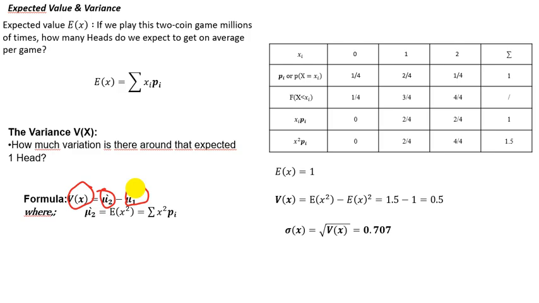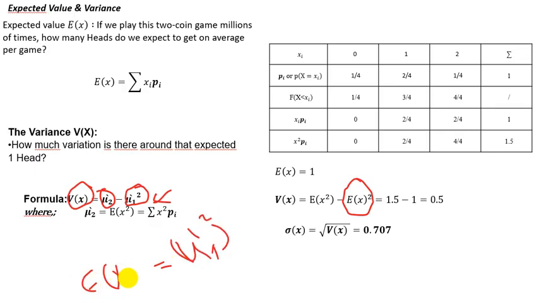The first raw moment is simply the expected value, the mean. So instead of this, we can write E(X) squared.